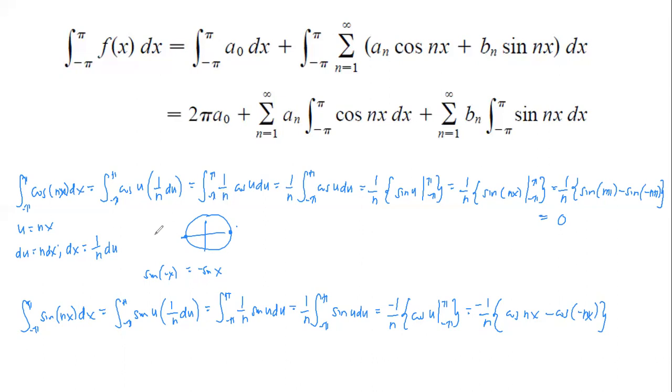Because if n is equal to 1, we're evaluating, so actually this is pi, no? Okay. Kasi upper limit minus the lower limit.